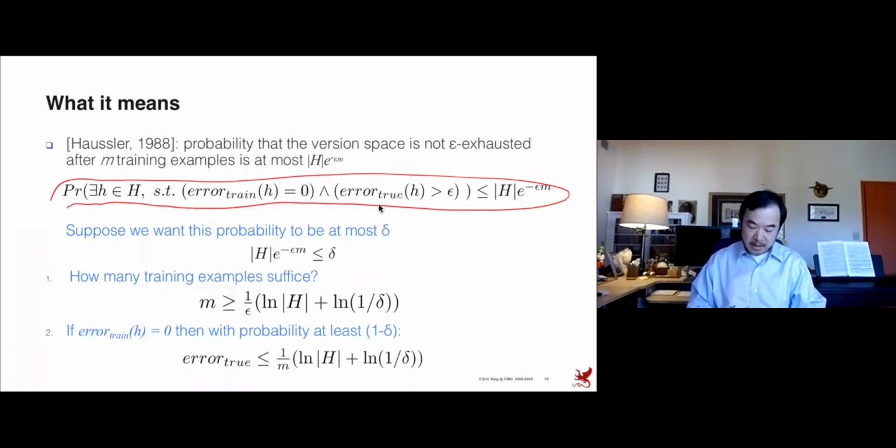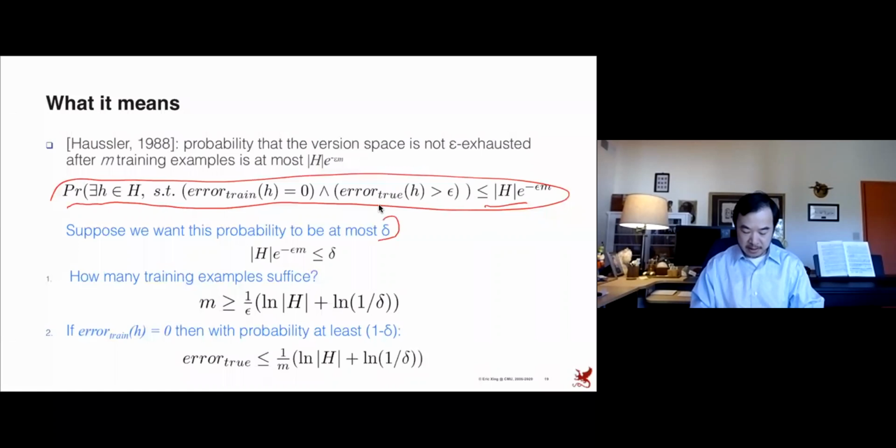It says that the probability that the version space is not epsilon exhausted after m training examples is small. It's upper bounded by this quantity, the size of the hypothesis space times e to the minus epsilon m. And let's say that we want this to happen with a small probability delta.